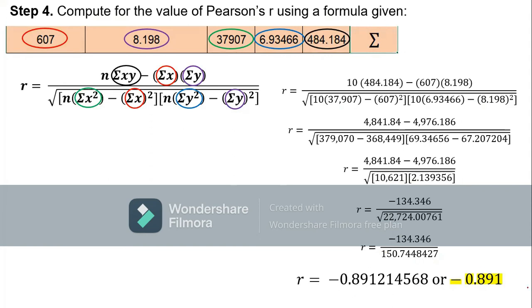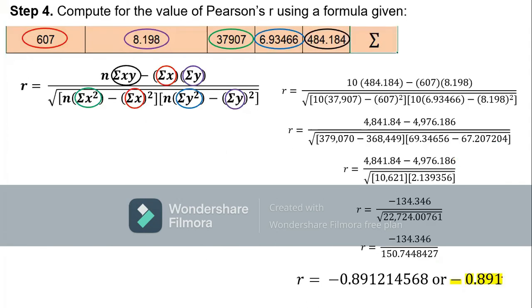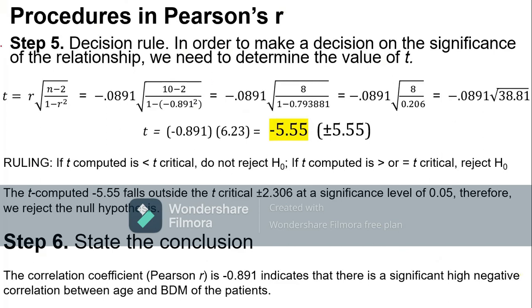Okay? Tapos, ang ating Pearson's value daw is negative 0.891. Okay? So, meron ka na nung Pearson value. Okay? So, in step 5, in order to make a decision on the significance of the relationship, we need to determine the value of t.